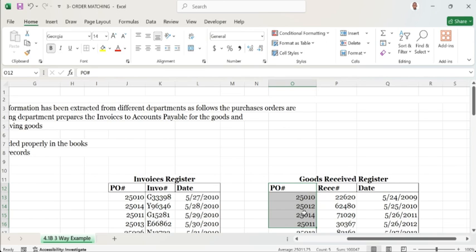Now, where does fraud come in? Fraud comes in this way. You issued a purchase order, then you have an invoice register. What is the red flag? The red flag is when you check the goods received register and find that the goods were not received, but you have made a payment.